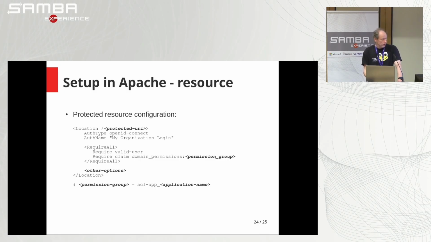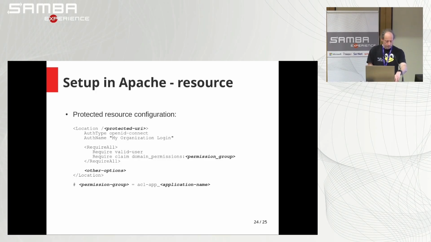So you can check now that you have an OIDC claim with the specific permission group for this protected URI that allows you this specific resource. And because your token contains all the permission groups, you can use the same token on every server.